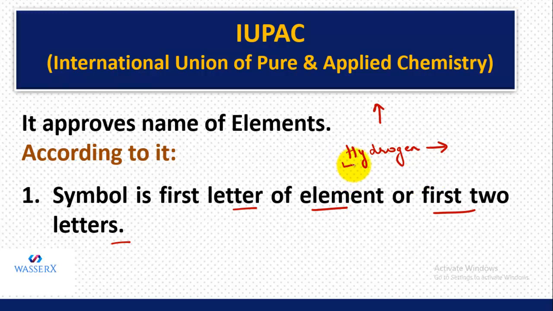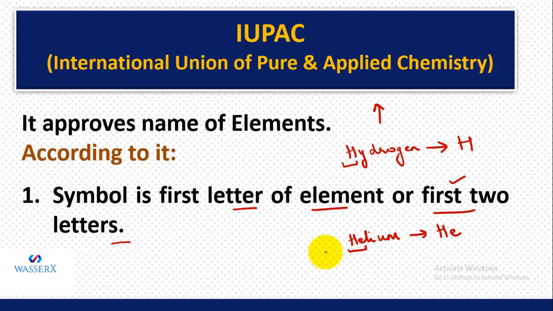It is the first letter of the element, that is H. So hydrogen is represented as H. Likewise, there are certain elements which are represented by the first letter present in their name, or it may be the first two letters in some cases. For example, the symbol used to represent helium is He, that is the first two letters. So I think the first rule is okay with you: the symbol can be the first letter, or it can be the first two letters.